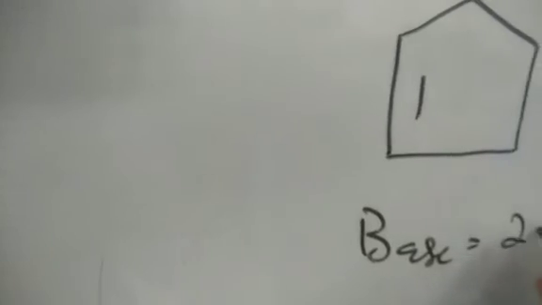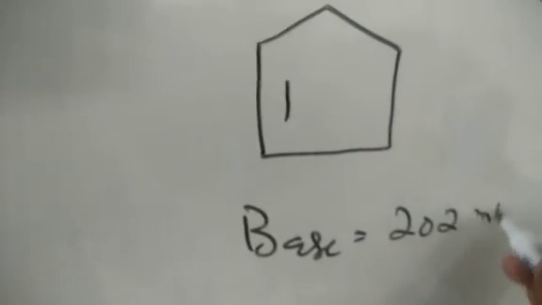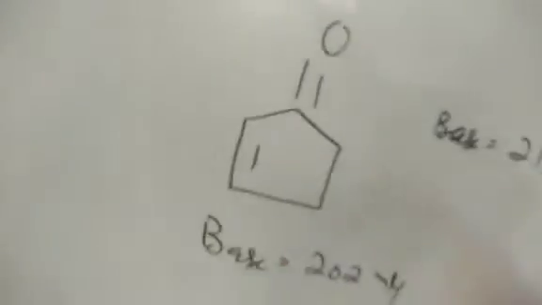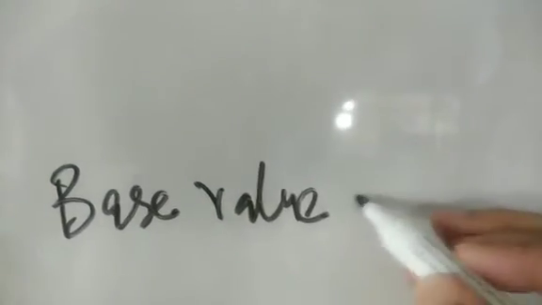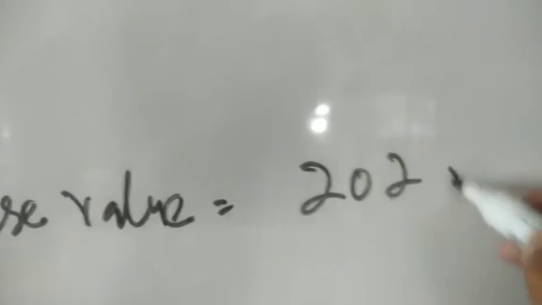But if you have this cyclopentene type ring, the base value is less, it's 202 millimicrons. So the base value in the case of a cyclopentene type ring is different, right? This is the cyclopentene ring with alpha beta, so the base value for calculating lambda max is 202 millimicrons.